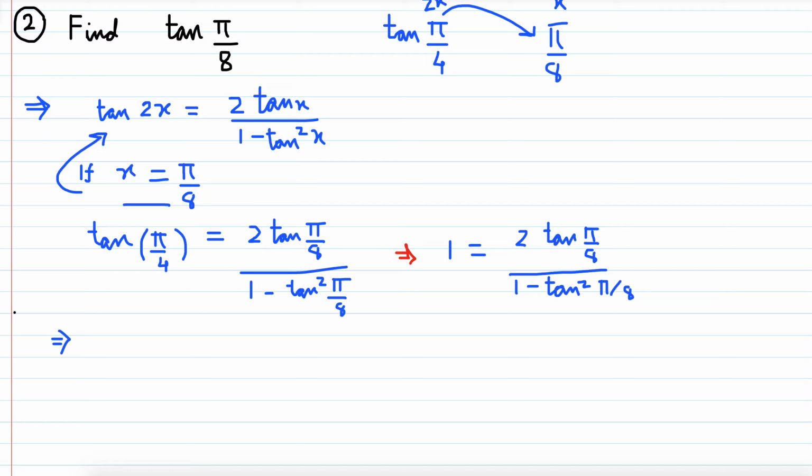So we can do cross multiplication. So 1 minus tan square pi by 8 is equal to 2 tan pi by 8.